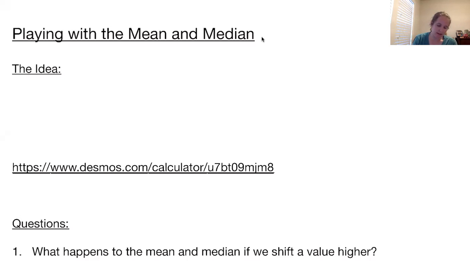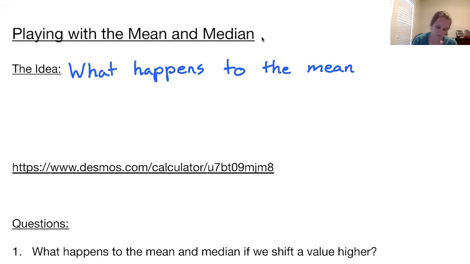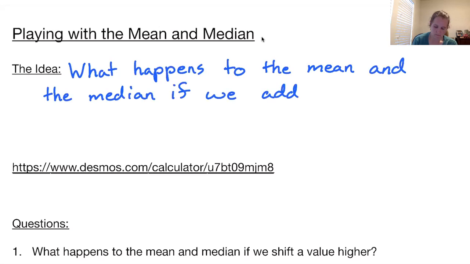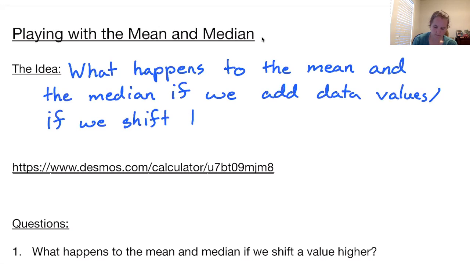So again, the idea here is we are trying to see what happens to the mean and median if we add data values, if we shift them around.